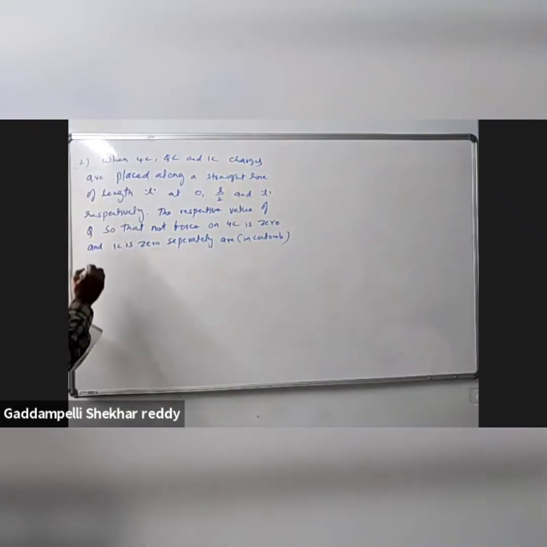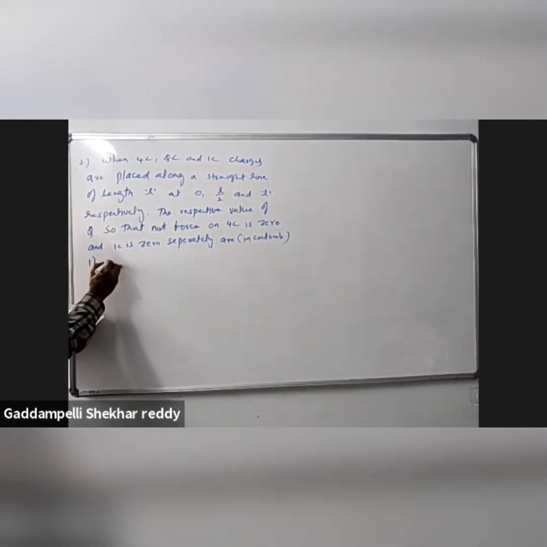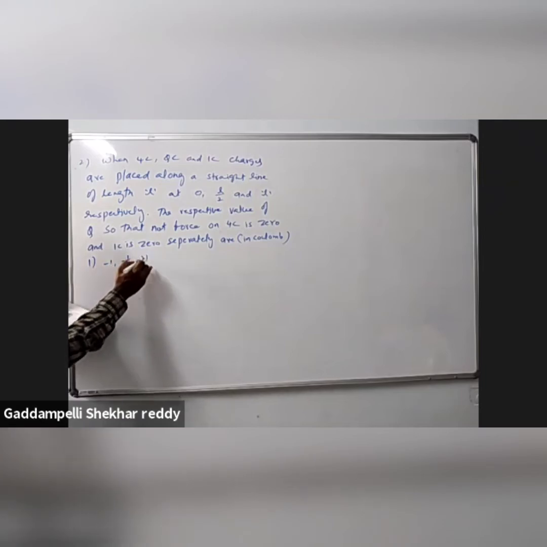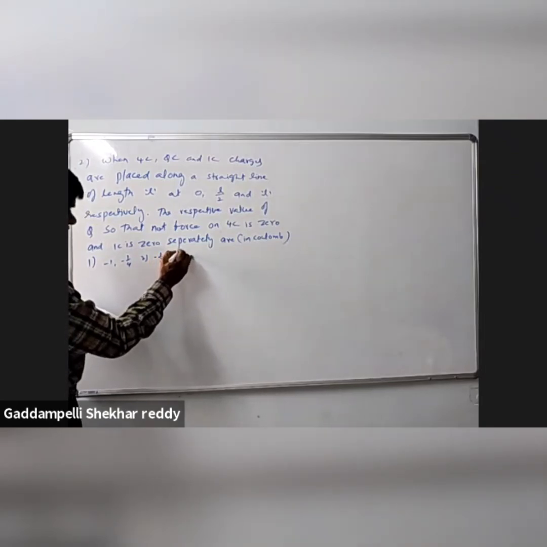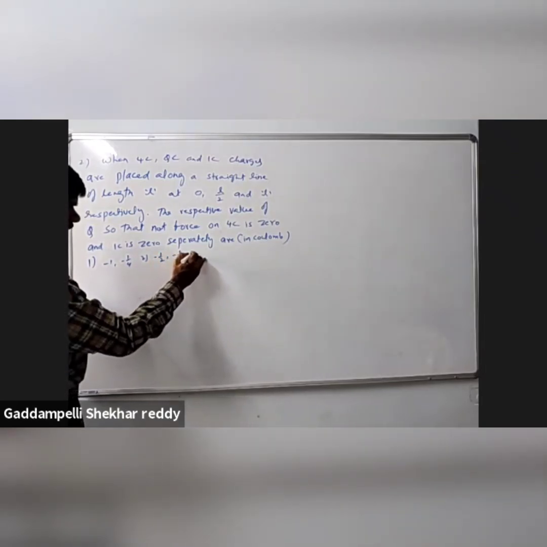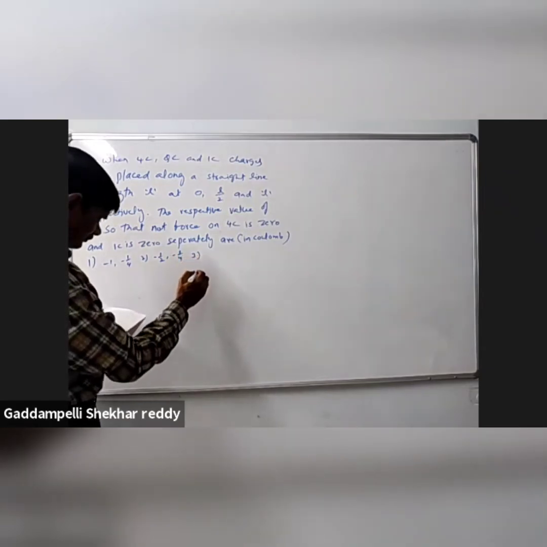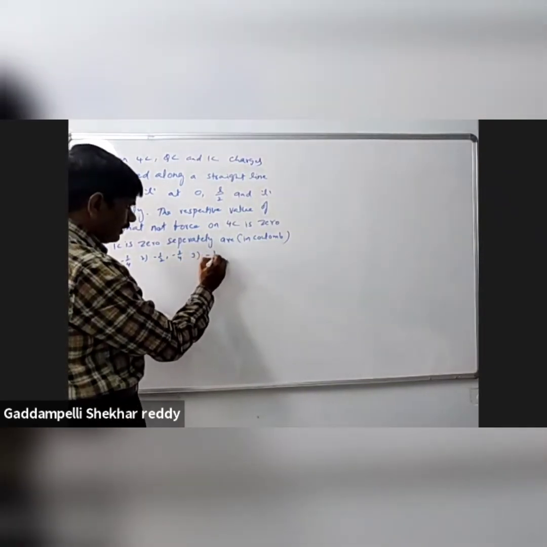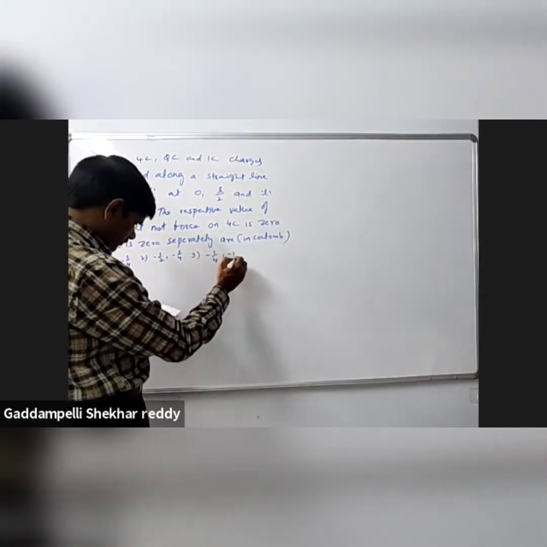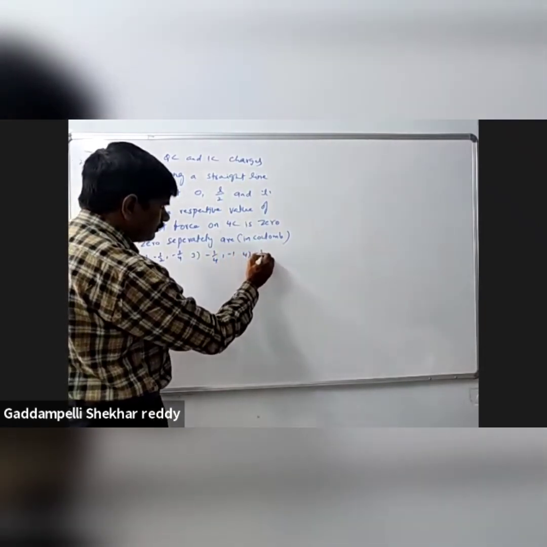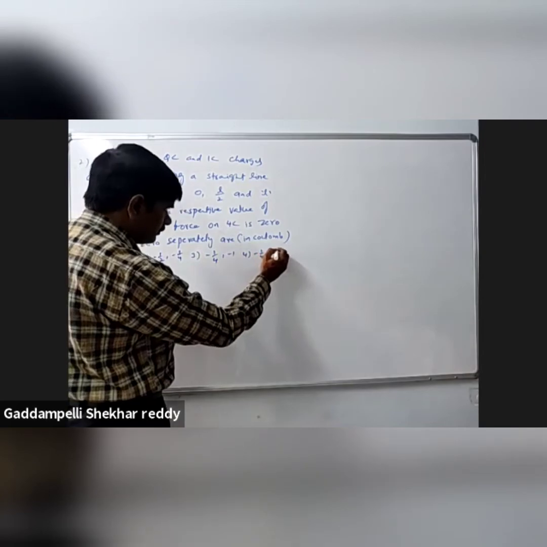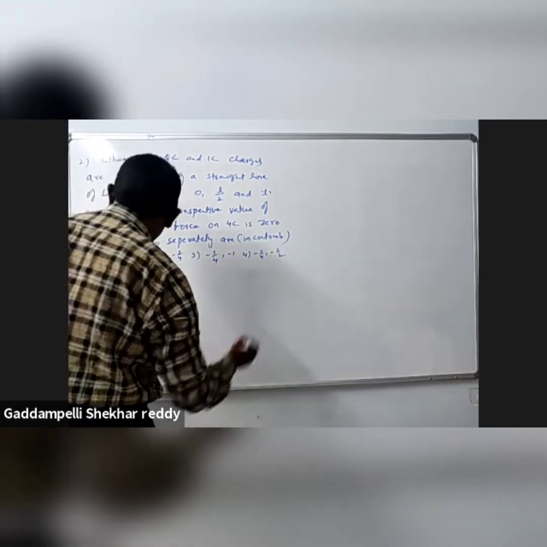Now the answers: first, minus 1, minus 1 by 4. Second one, minus 1 by 2, minus 1 by 4. Third one, minus 1 by 4, minus 1. Fourth one, minus 1 by 4, minus 1 by 2.